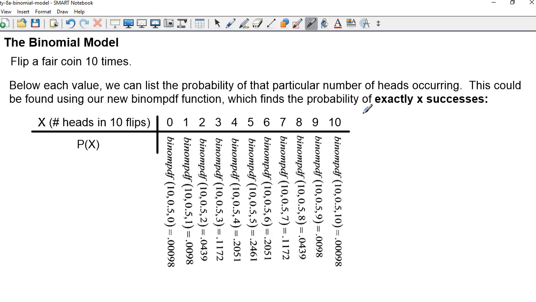Below that, we can put the probabilities of each of those exact situations happening. And for each of them, we would use a binomial PDF function. So for example, if I wanted to find the probability of having exactly 4 heads, then it would be binomial PDF of 10, 50% chance of having heads, comma 4. And that one would be 0.2051. So I could do a binomial PDF for every individual case.